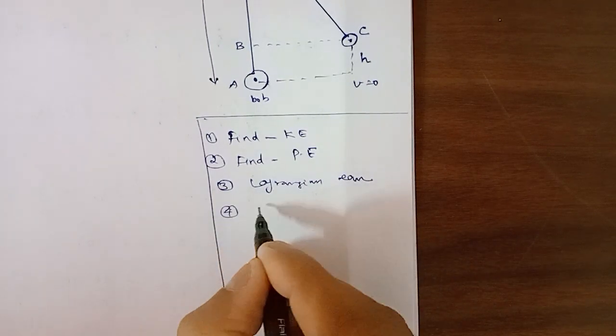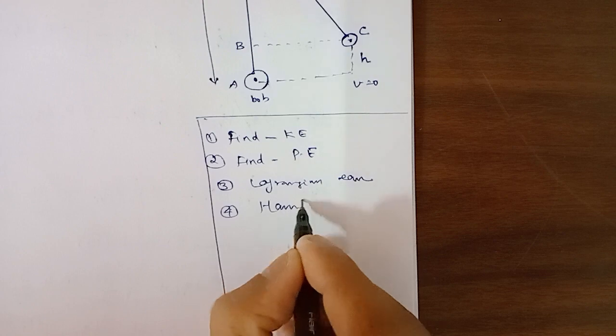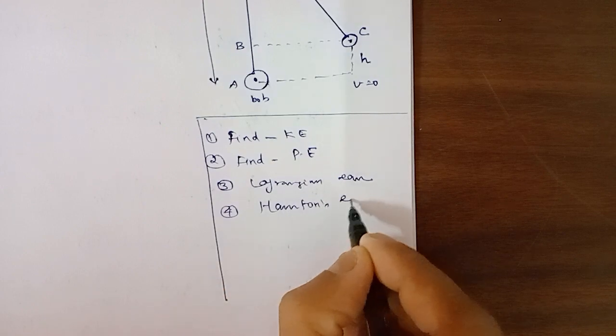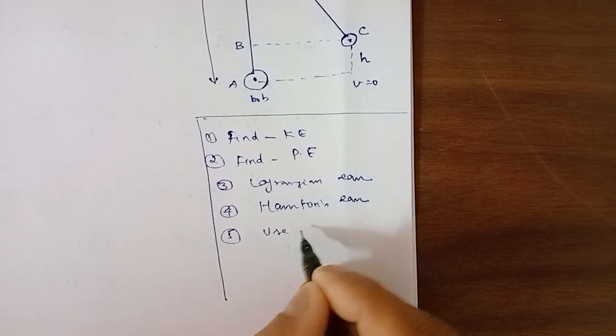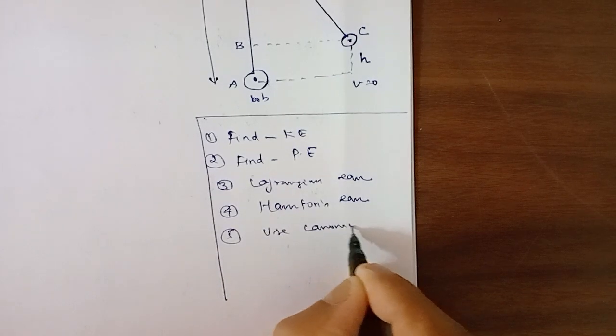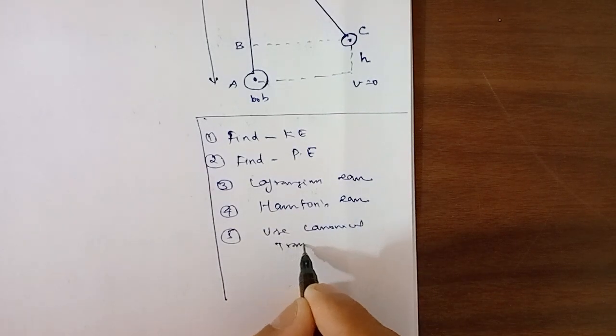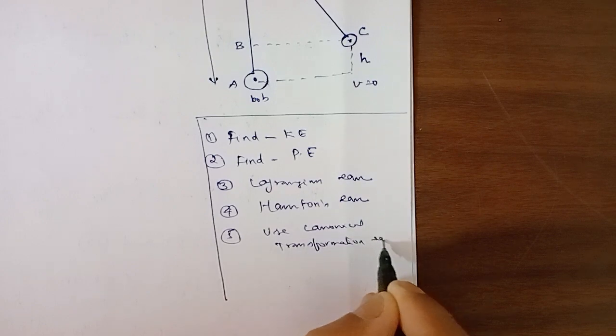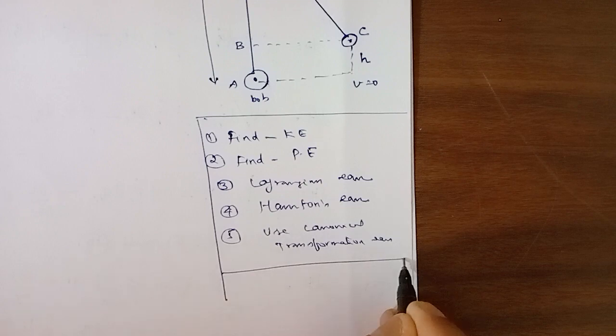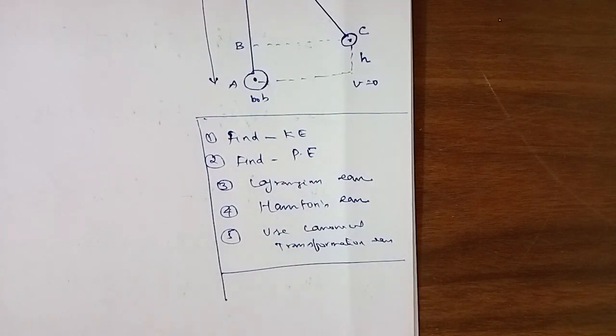Then find Hamilton's equation. Then use canonical transformation equations. So these are the steps to solve this problem.